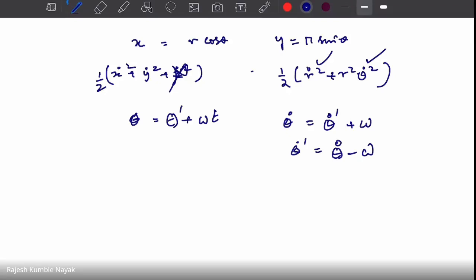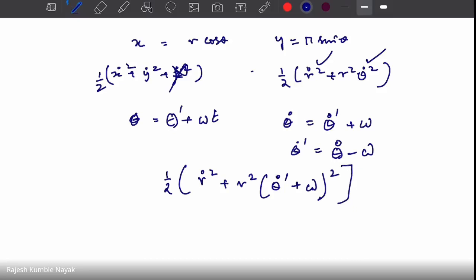But you see that eventually your kinetic energy would have a term r dot square plus r square theta dot square, and if you substitute, it would have theta prime dot plus omega, squared, right?